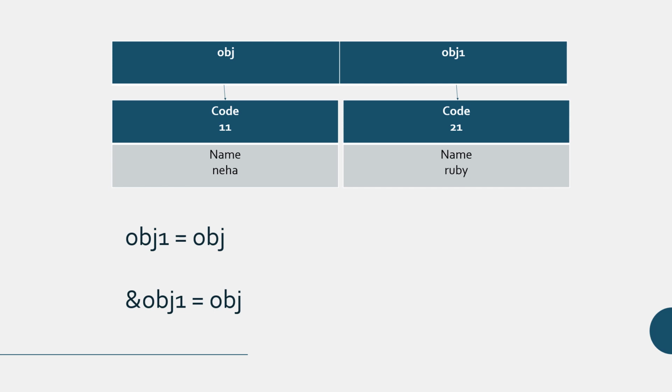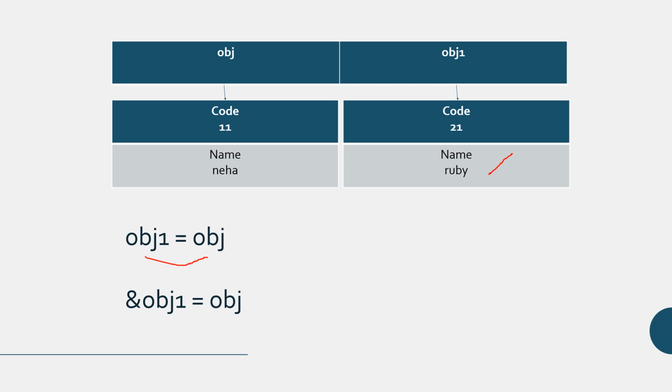Okay, so these two things we are going to see: when an object is assigned, like here obj is being assigned to obj1, this means that the values in obj will be passed to obj1, instead of 21 and Ruby.